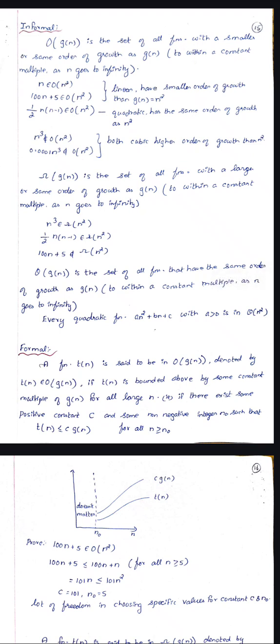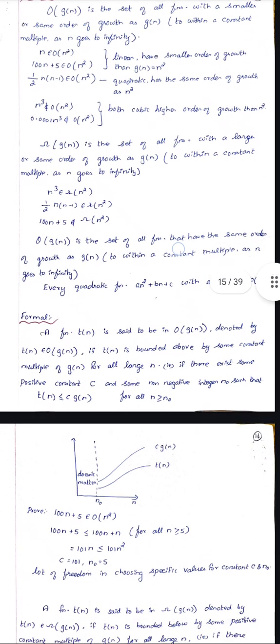Then big theta of g of n is the set of all functions that have the same order of growth as g of n, to within a constant multiple, as n goes to infinity. Every quadratic function a n square plus bn plus c with a greater than 0 is in theta of n square.